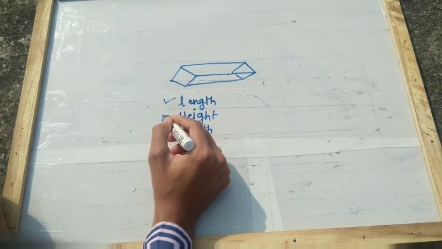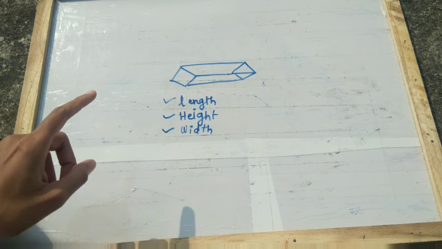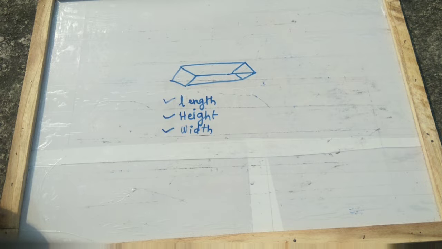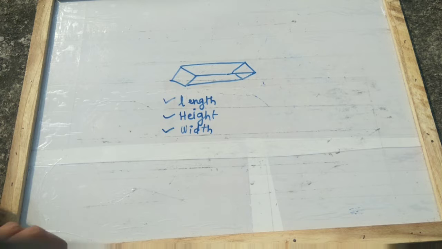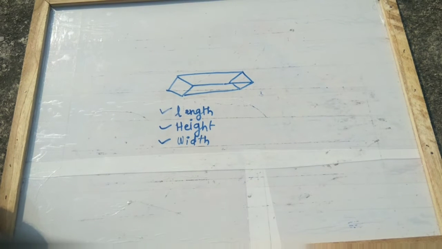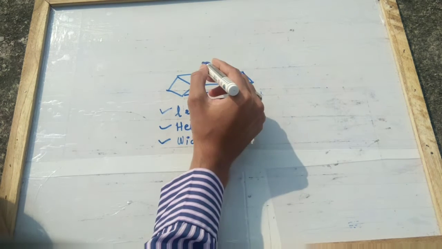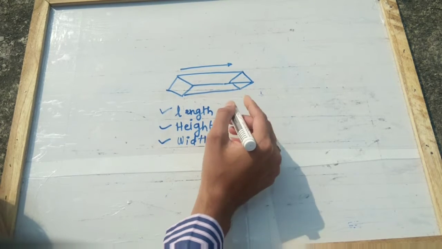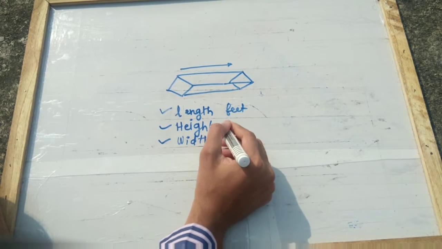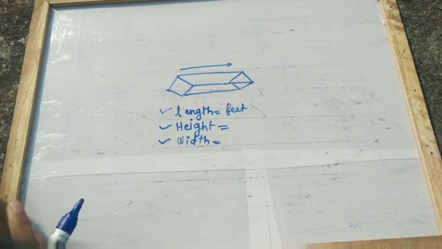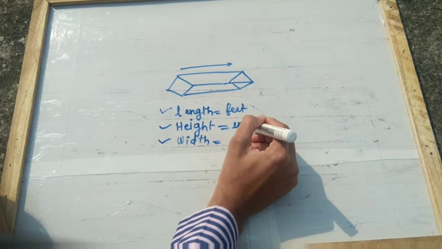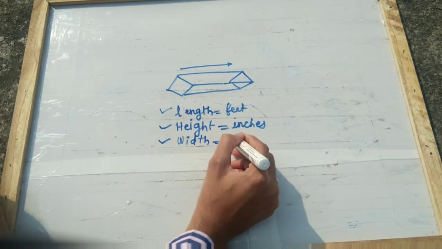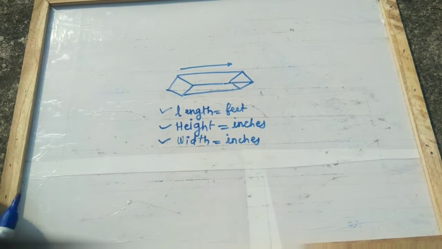It has 3 elements: length, width and height. So friends, in our general timber market line, only the length is calculated in feet. The height or width may be calculated in inches. Width or thickness is also calculated in inches.